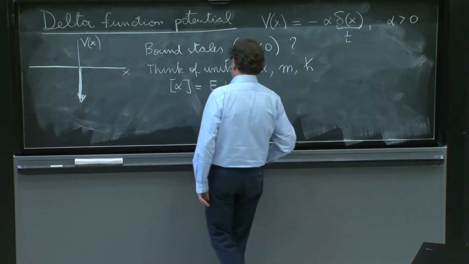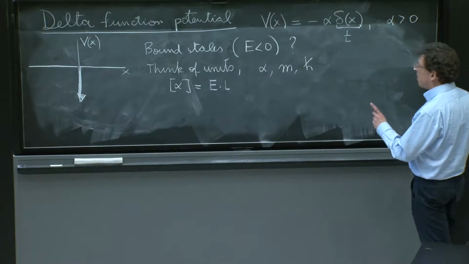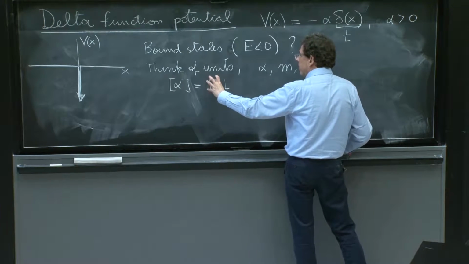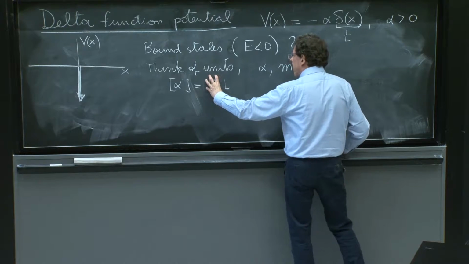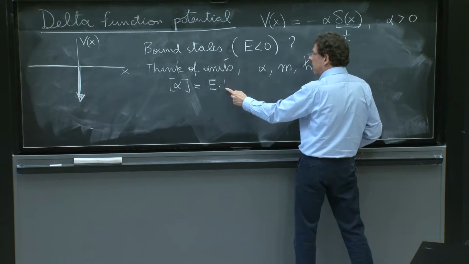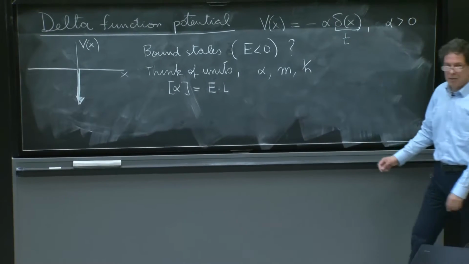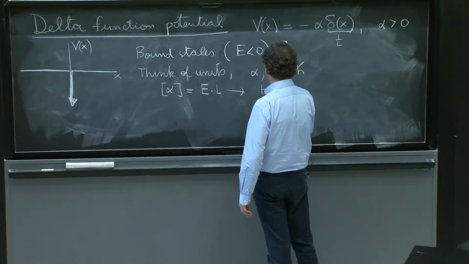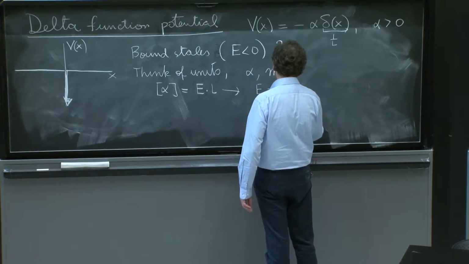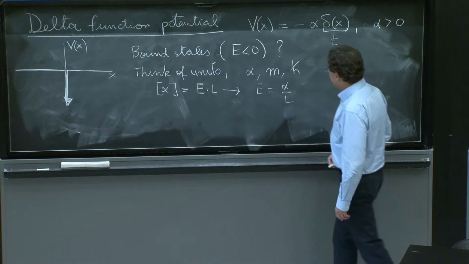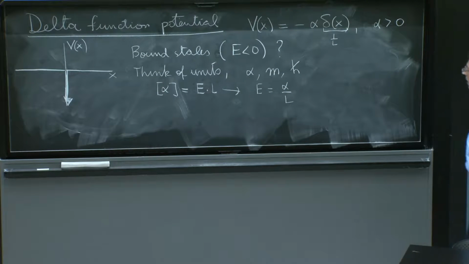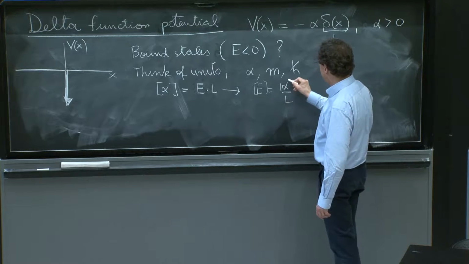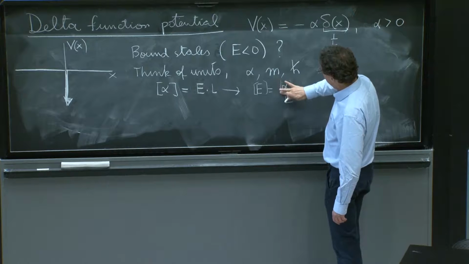So this is not quite enough to solve the problem, because we still don't have a length scale either. So we have to do a little more work. From here, we say that units of energy are alpha over L. And there should be a way to say that this is an equality between units. I could put units or leave it just like that.